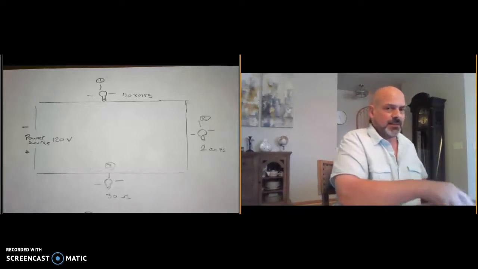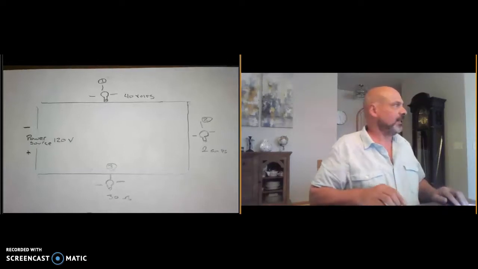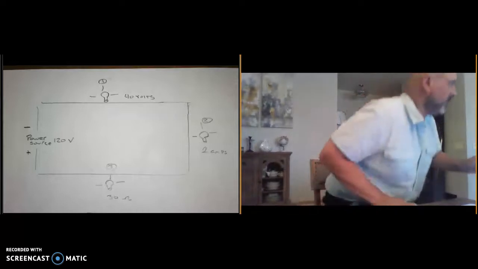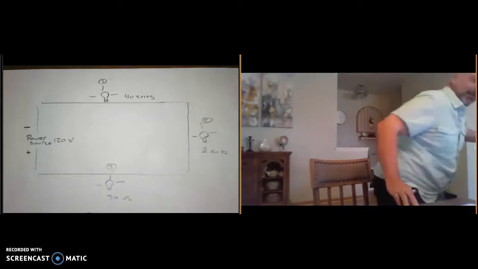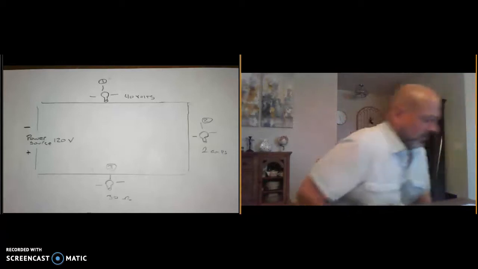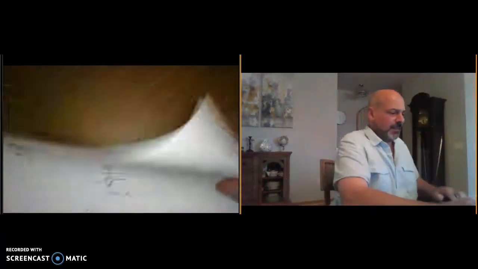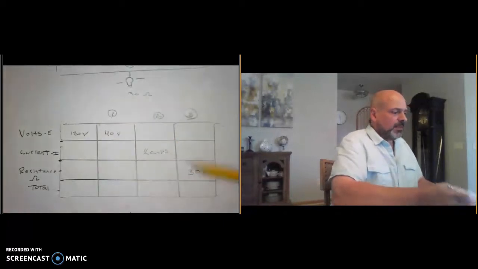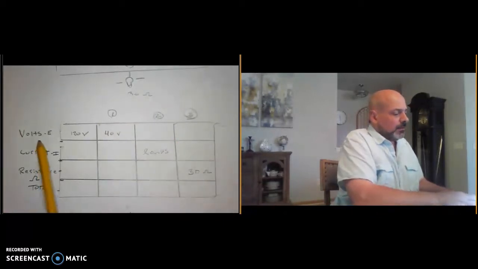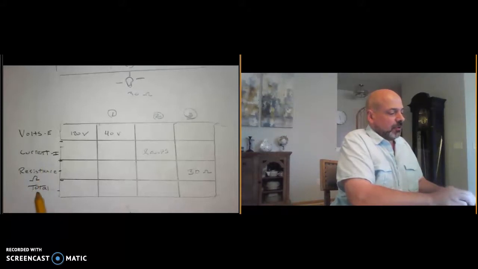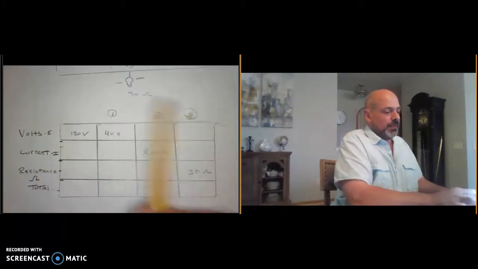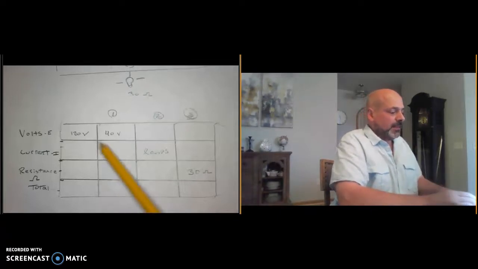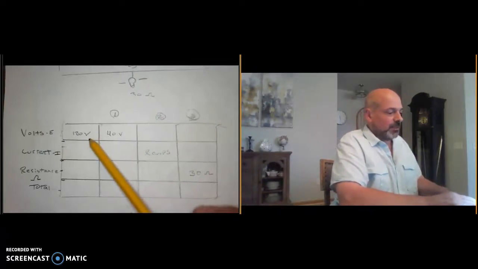Now, one of the nicest ways to do this, to stay organized, is to use a chart. I need to get my pencil to fill in the chart. The chart is divided, in this case, into 4 columns: voltage, current, resistance, and totals, and 1, 2, 3, indicating the loads. So in this case, we know we have 120 volts total.